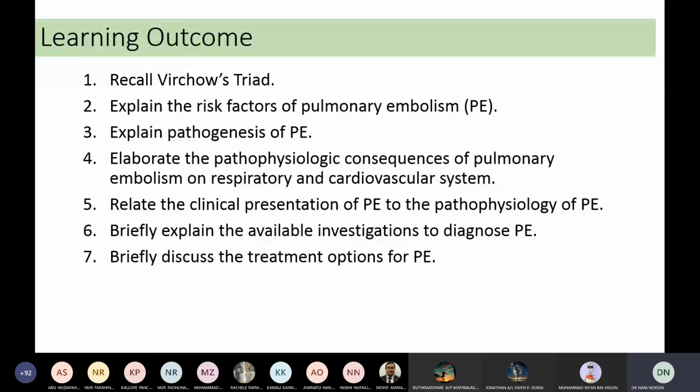We are also going to go through a bit on the investigations and discussion on the treatment. So it's a bit clinical in a way, but we also want to concentrate on the basic science of it, which is the pathogenesis, pathophysiology, and the pathophysiology of the clinical presentations.